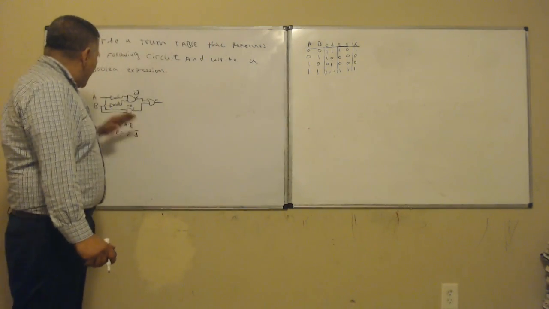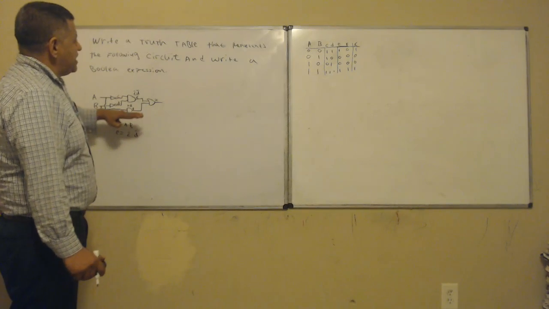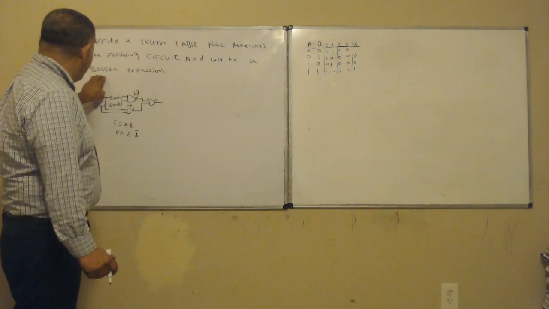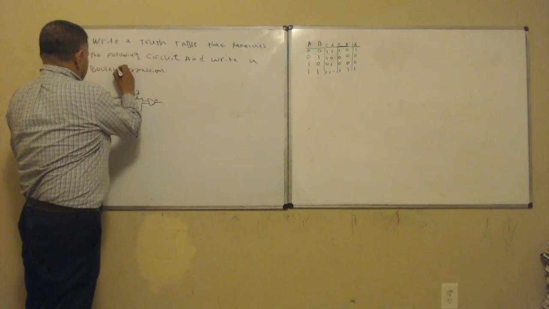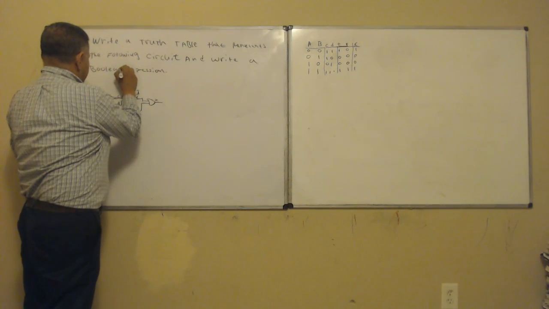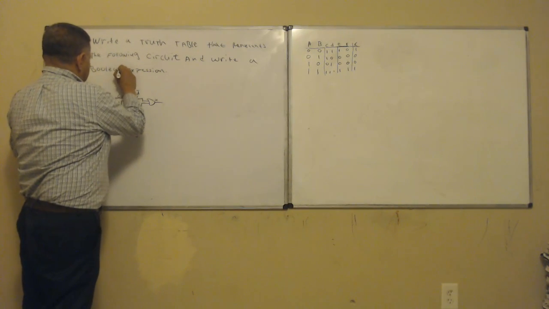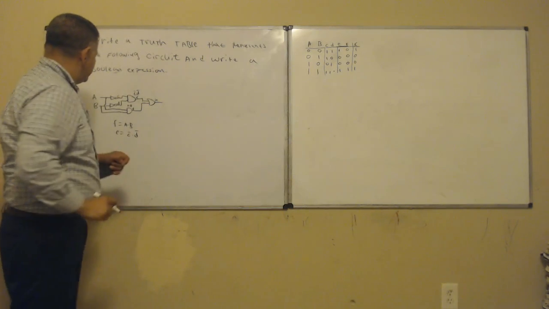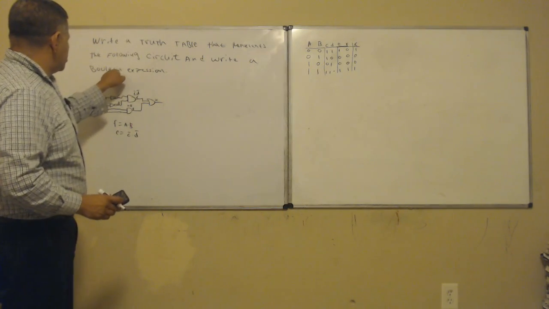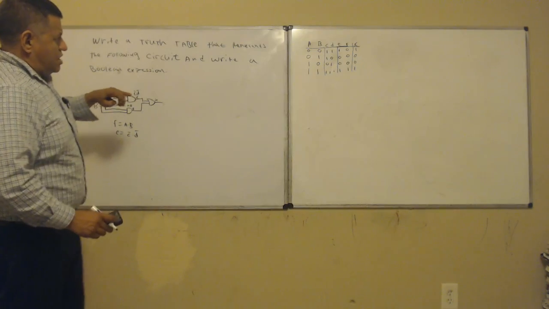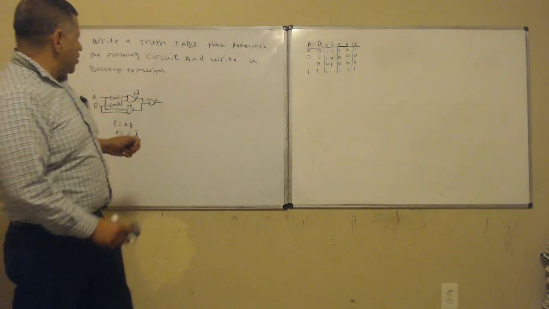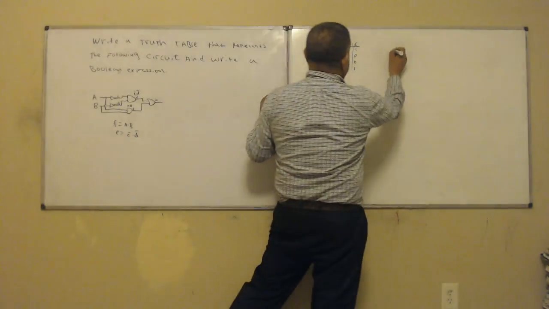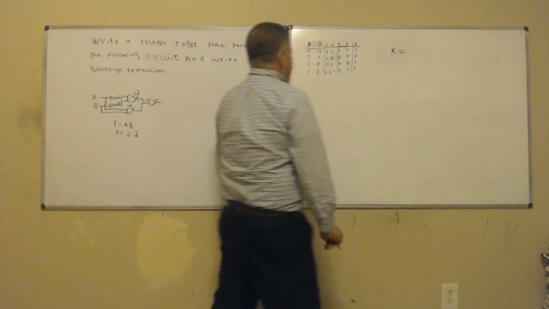Now we need to combine this together and put it into a Boolean expression. Okay, so the Boolean expression is the following. It's going to be X is equal to something, right?